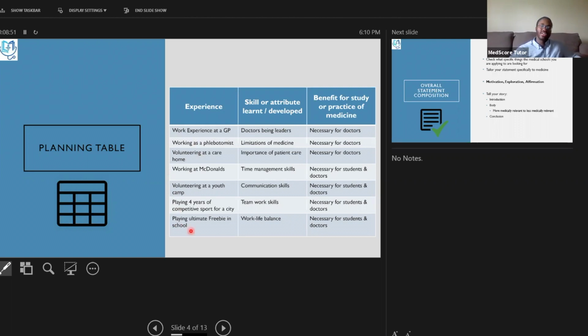As you can see, I've written the list in order from most relevant to medicine to least relevant. So most clinically relevant to least clinically relevant.